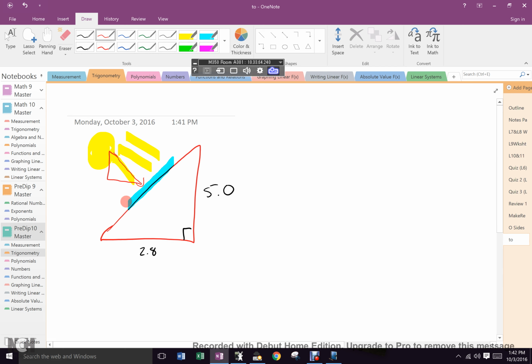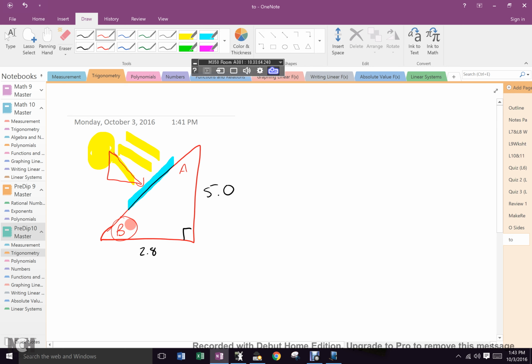So, I'm going to call this angle A and I'm going to call this angle B, which one of them deals with where the sun is? B, because it's an angle of elevation, yes? So I got to check what B is.